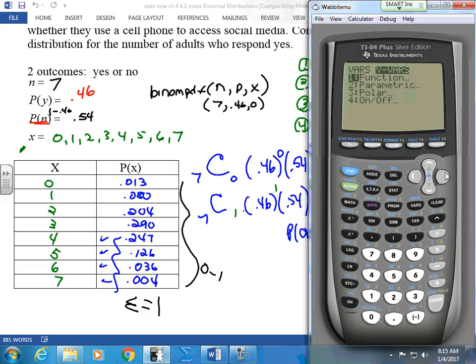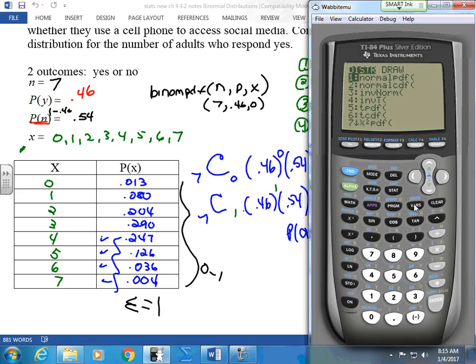If you even scroll to the Y-VARS, still nothing that you need there. If you hit the word statistics, you're not going to find anything that says binomial. So it's kind of like keep trying and you'll hit it with this one. As soon as you see the normal PDF, you know you're on the right track. Just don't use normal PDF. We're going to use that for something else.